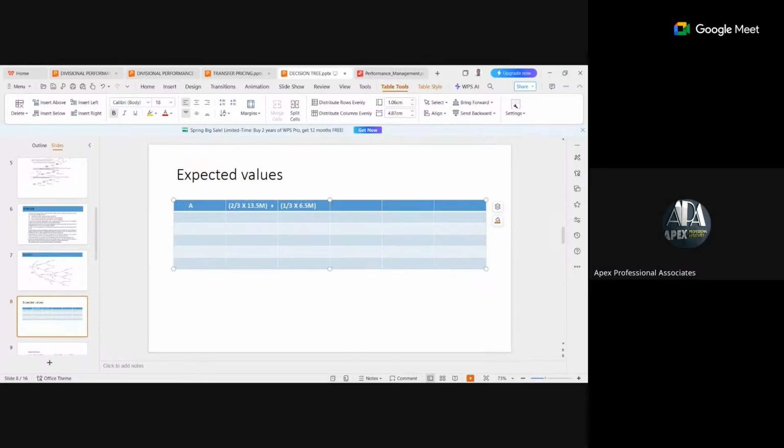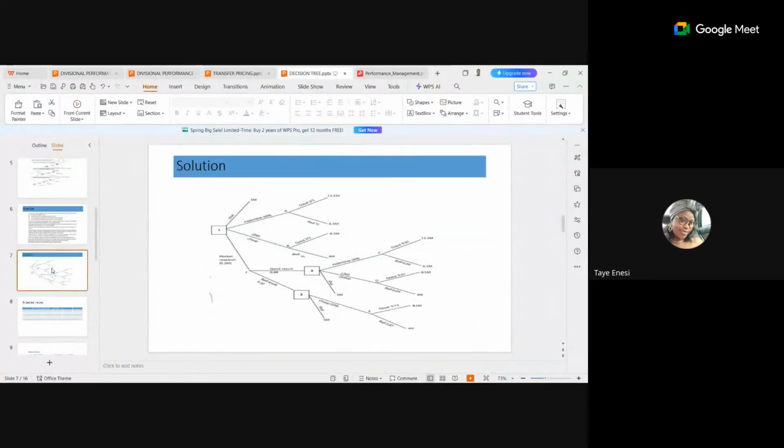So the result will be 11.17, 11,166,666.67.